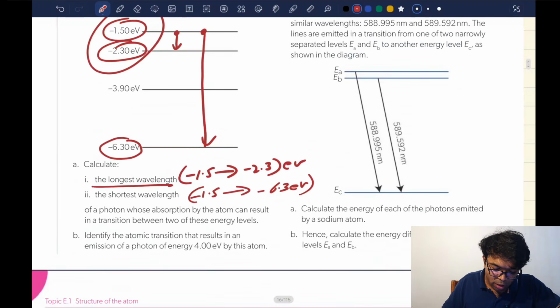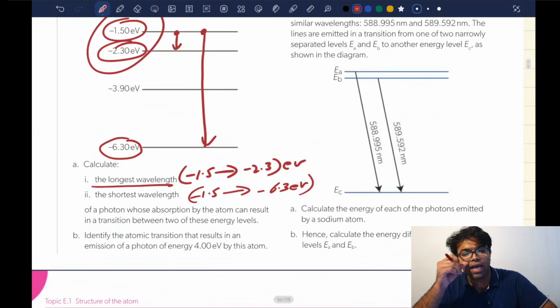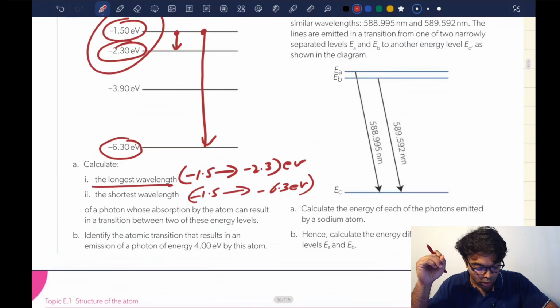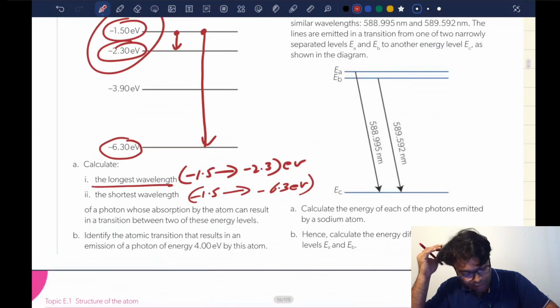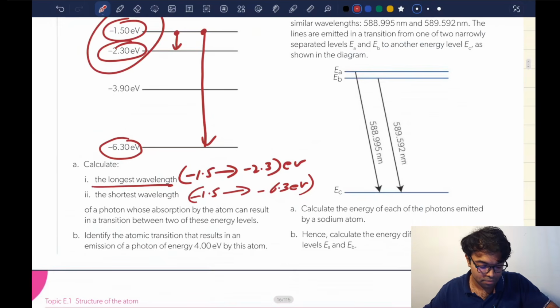Identify the atomic transition that results in an emission of a photon of energy 4.00 electron volt by this atom. So you need to know if a photon of energy 4 electron volt is emitted, then what transition took place? It's very easy, Akshay.